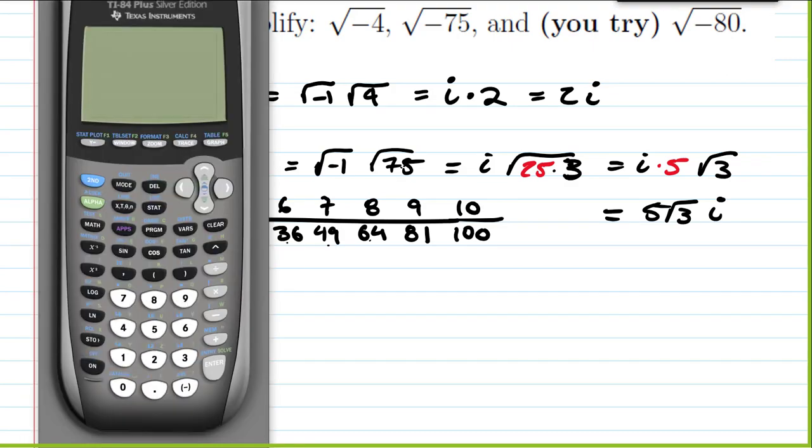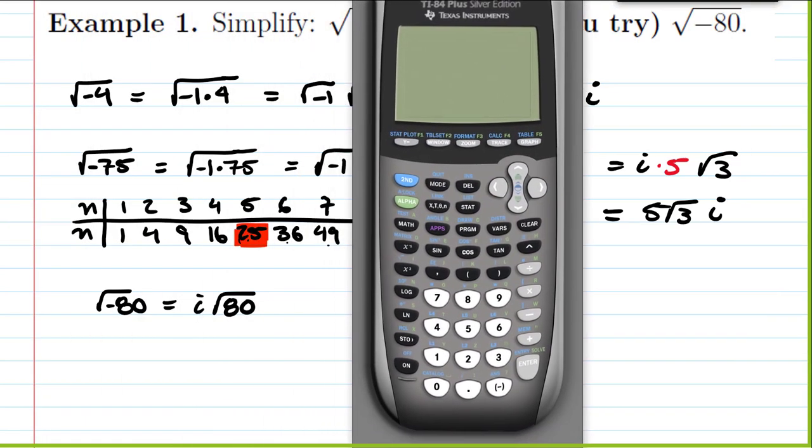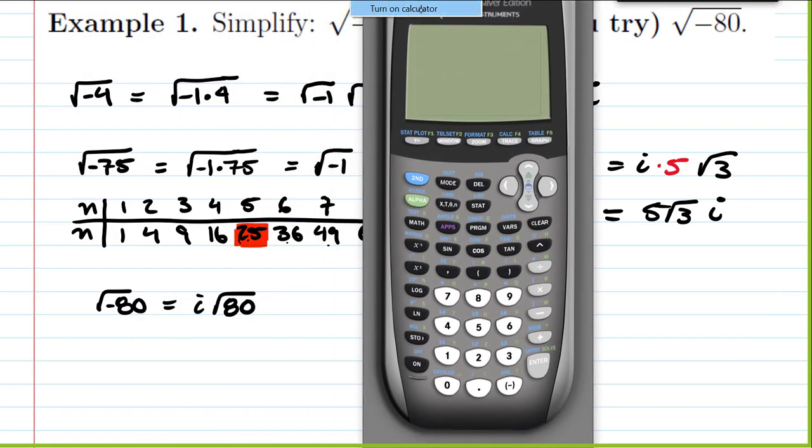Well, instead of using a square list, we can actually do this on our graphing device. So if we go y equals on our calculator, and then we go 80 divided by x squared, and if we go second table, it's going to show us our divisors.